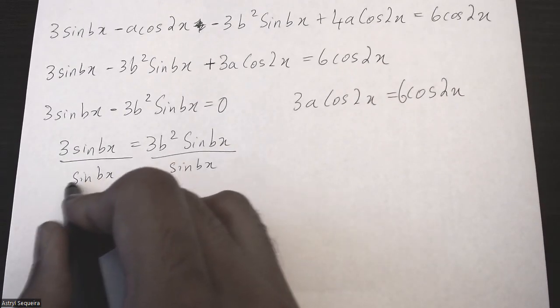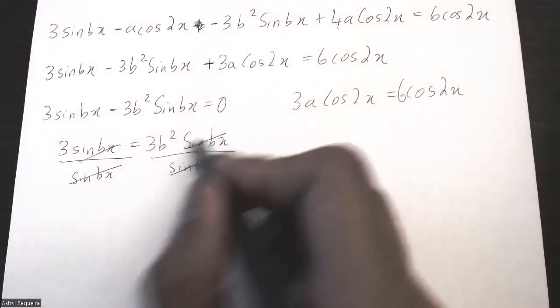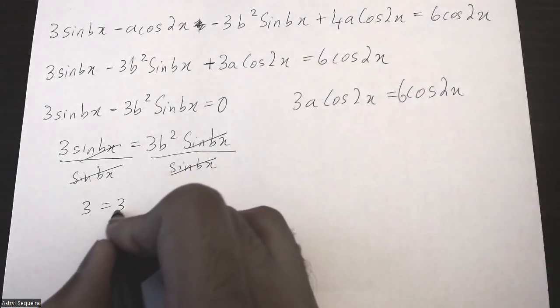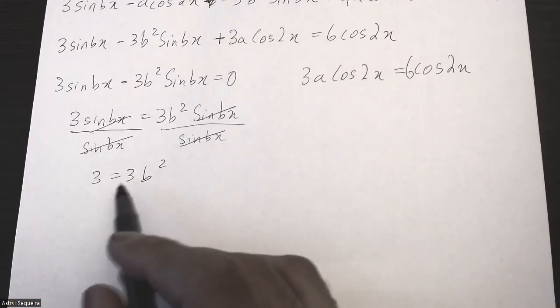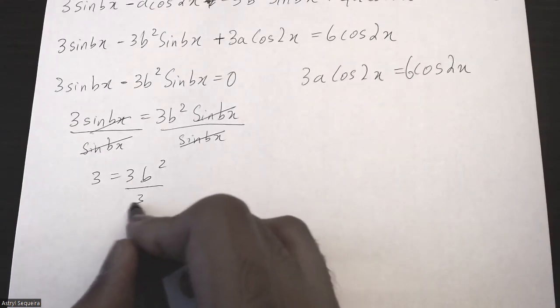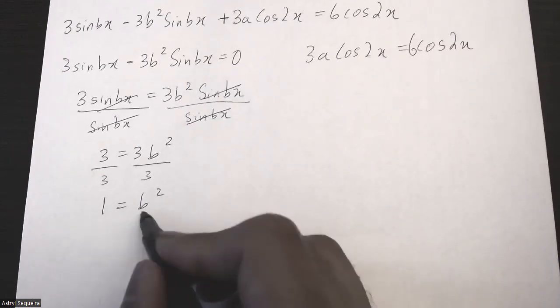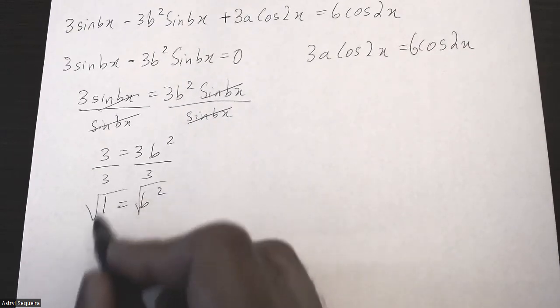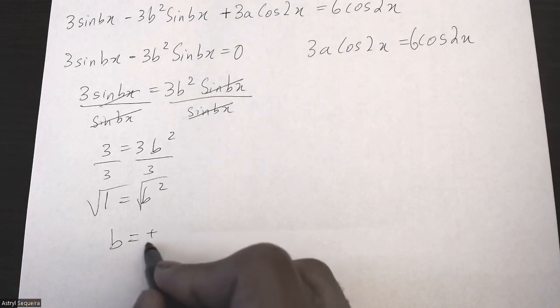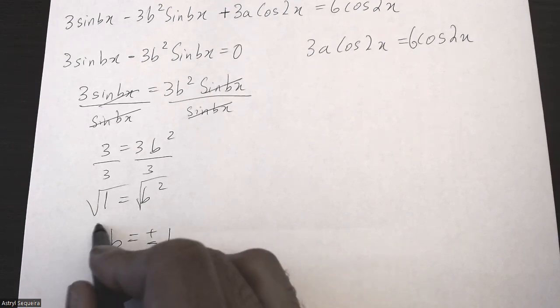So these will cancel and these will cancel. I'll just get 3 equals 3b squared. I'll divide both sides by 3, so I get 1 equals b squared. Then I'll square root both sides, so I get b equals plus or minus 1.